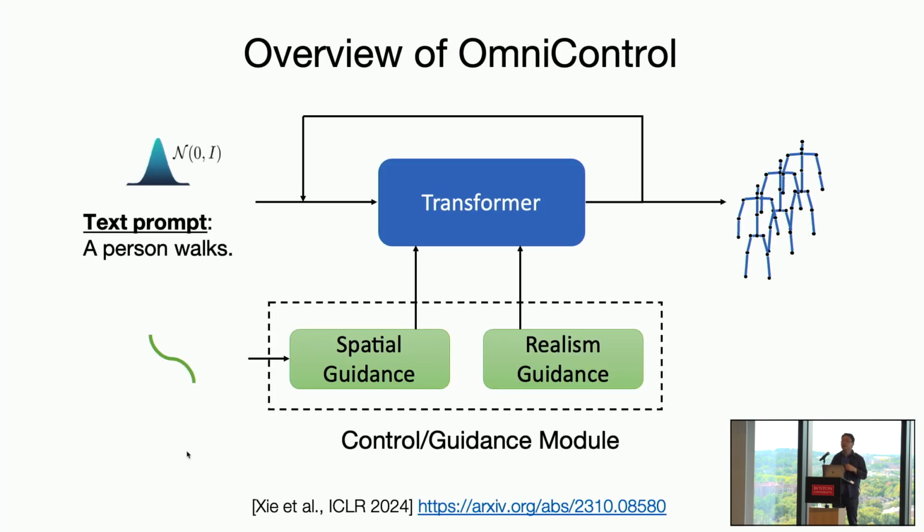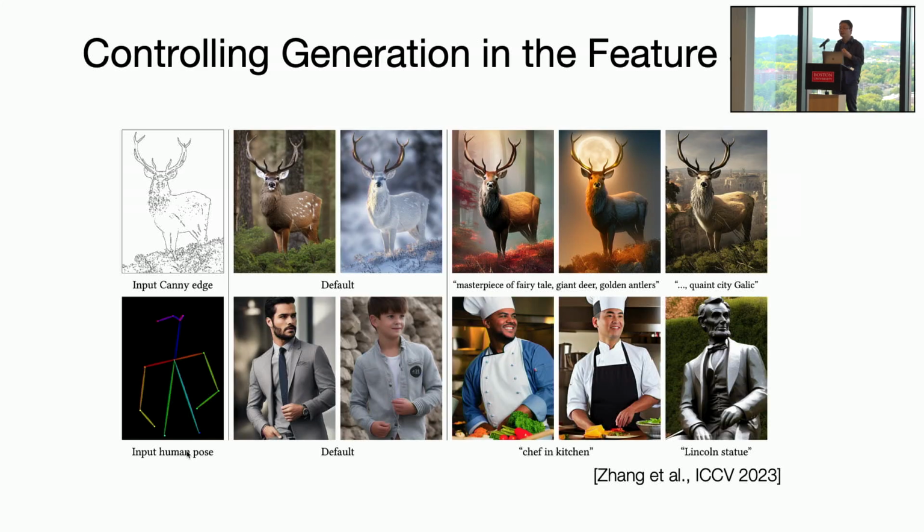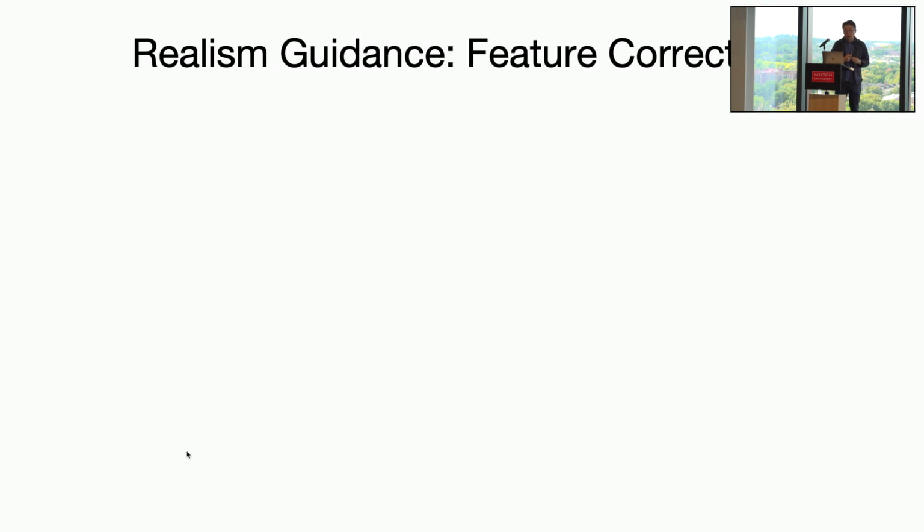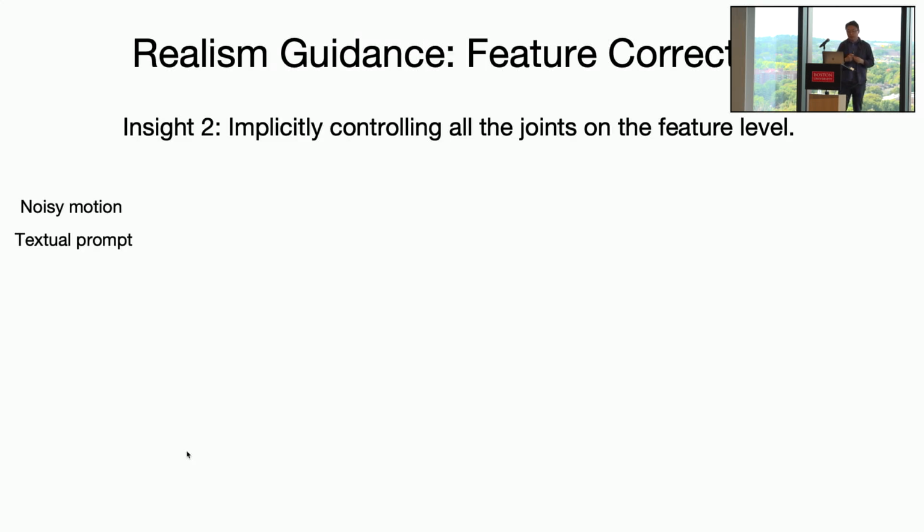We're going to do it in a feature space, in embedding space. We let the model learn from data. If you're familiar with ControlNet, this is the inspiration we borrow. This is an illustration of how a human motion generation model works in detail.